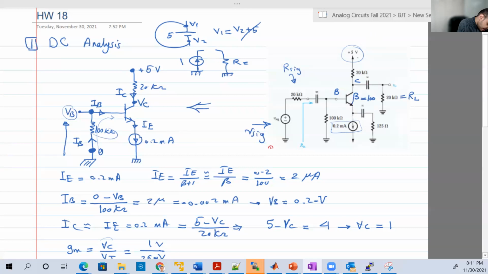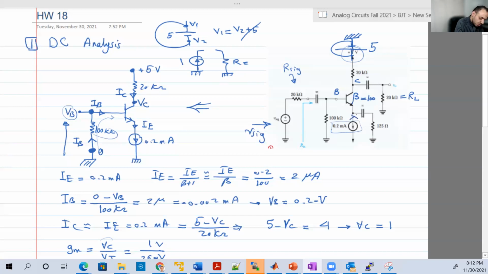This 5 volt is basically a battery like this, with its positive terminal connected toward the 20 kilo ohm resistor, and the negative toward the ground. So when you cancel the source, you just connect it like this. So this will cancel that guy.